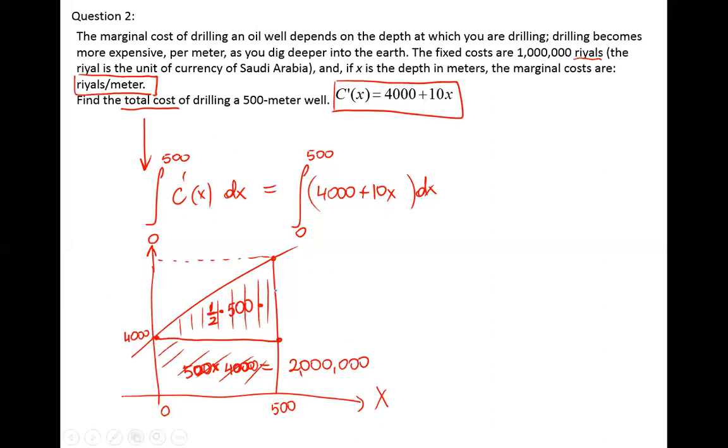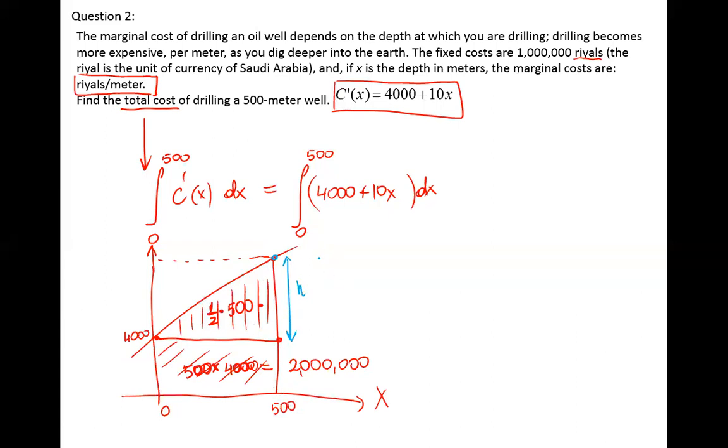Do you think you can tell me what this height is, that distance? I know that up to this point is 4,000. That means I have to find this value and then subtract 4,000, because I'm not counting this 4,000. This point is the value of that line at 500.